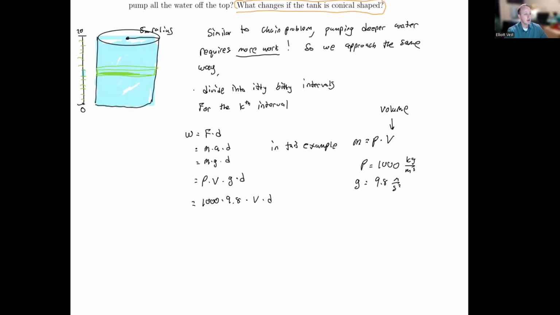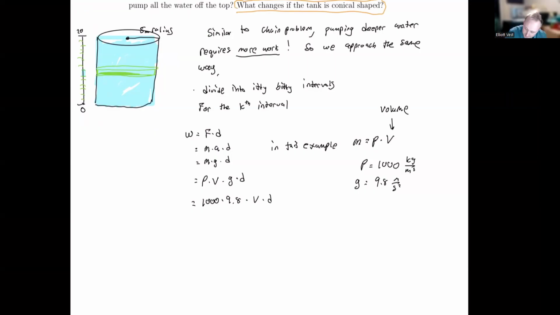And now the new barrier for us is: what is the volume of this slice here? Well, this volume can be seen as a little bit of a cylinder. So what is the volume of that cylinder? The volume of a box is length times width times height. It's like the bottom base times height.